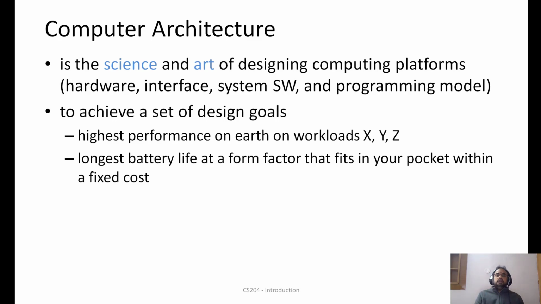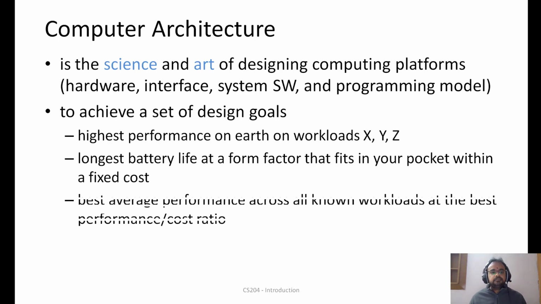So the design goal here is a mix of two things. We need the longest battery life, which comes at as low a price as possible. Or it can be that our goal is somewhere in the middle ground, wherein we need not expect the highest performance, but rather I expect above average performance for a lower cost. So the performance-cost ratio is the design goal, which is the best trading point.